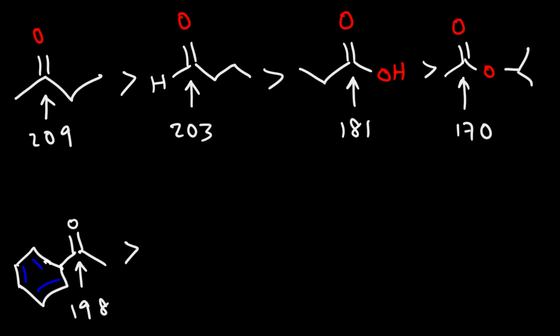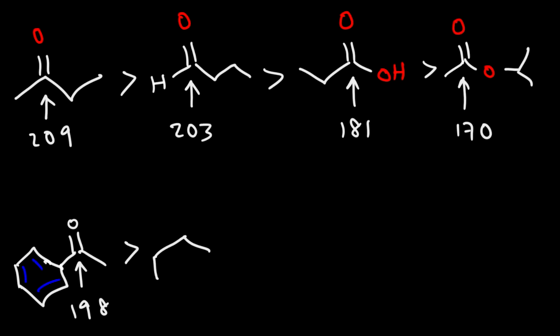But if you put it next to an electron donating group, it's expected that the chemical shift should go down. And the benzene ring can donate electron density to the carbonyl group, giving us a resonance structure that looks like this. And so due to the resonance effect, we can see why the chemical shift decreases.